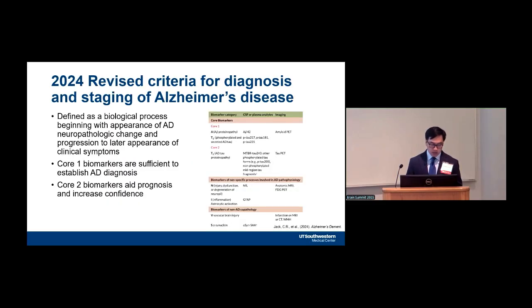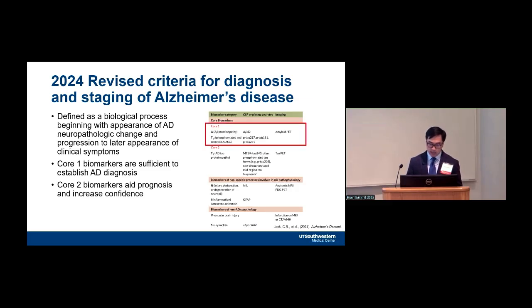So it's now defined as a biological process. It begins with the appearance of Alzheimer's disease neuropathological changes, and then progresses later on to the appearance of clinical symptoms. So basically, at this point in time, if you have biomarker presence for Alzheimer's disease, you can be diagnosed with Alzheimer's disease.